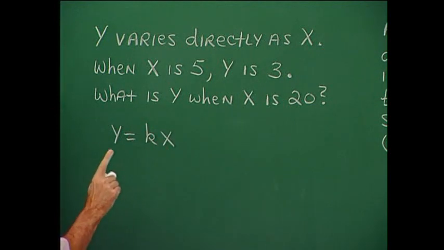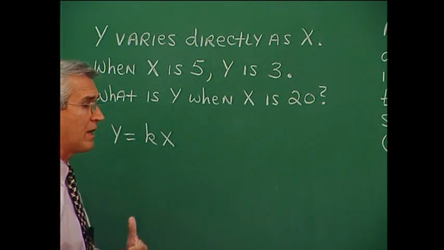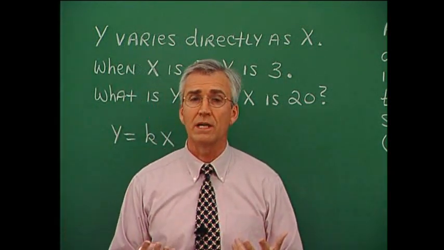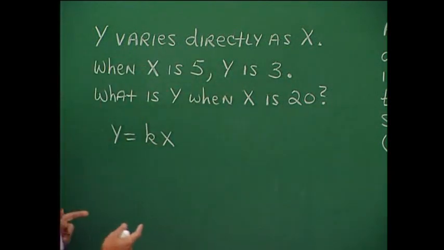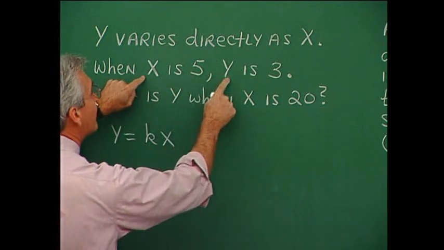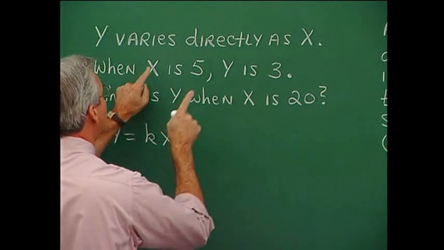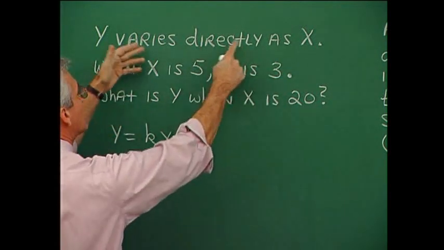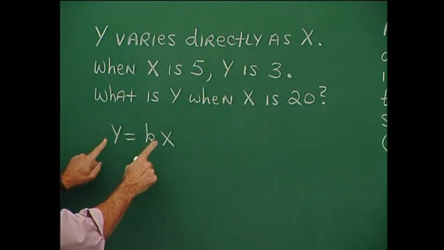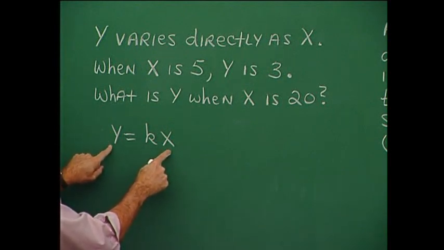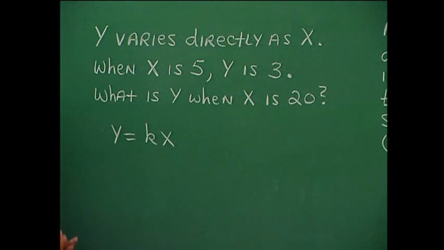And often in problems like this, there'll be some information, sort of like information that comes from an experiment. And that information might be like this: when x is 5, y is 3. Now, when that occurs, we can put that information into this relationship and find the value of k.